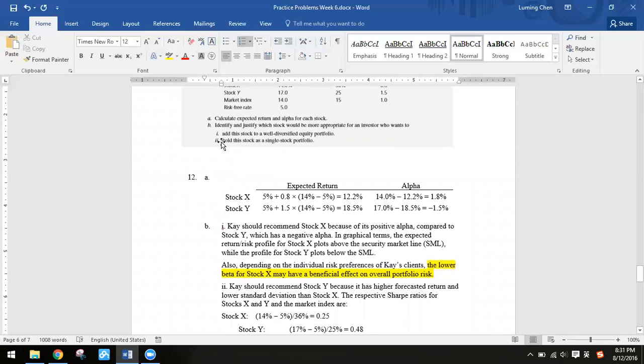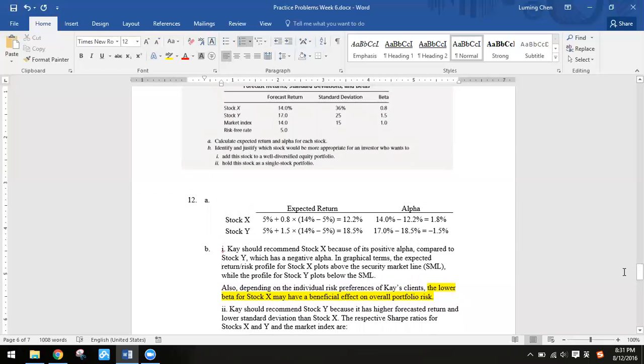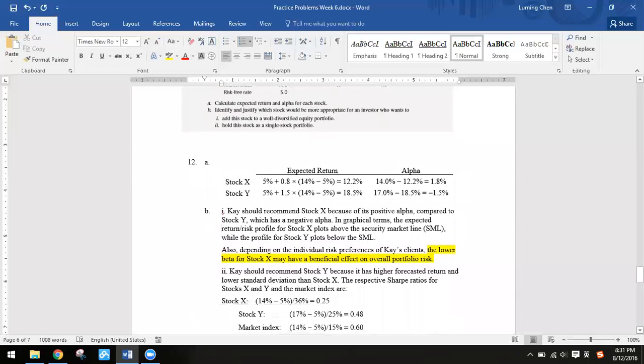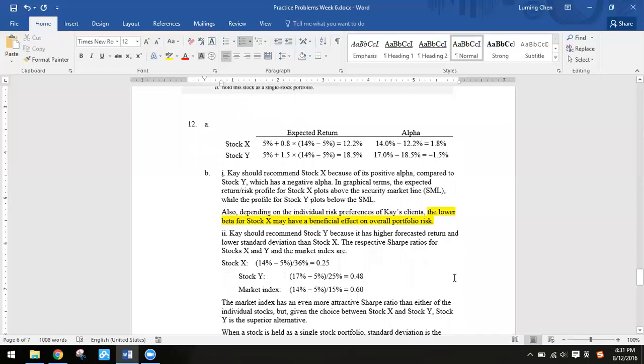Number 2, if we want to hold the stock as a single stock portfolio, which stock should we choose? Well, if we just need one stock, we will choose the stock with higher Sharpe ratio or higher risk-adjusted return.